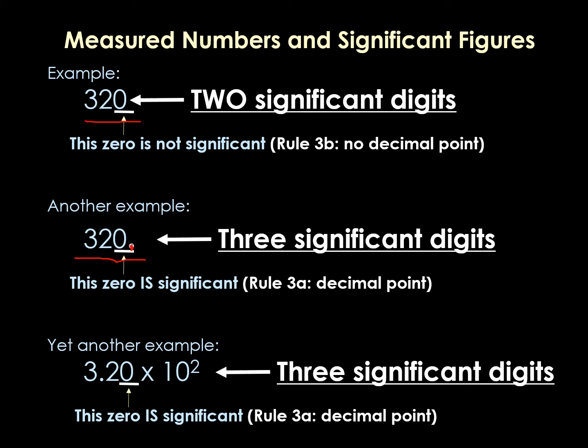And another way to write this is through scientific notation, where you write 3.20 times 10 to the power of 2. This signifies 3 significant figures, because in your coefficient you have 3.20. If you had written 3.2 times 10 to the 2, that would be considered 2 significant figures.